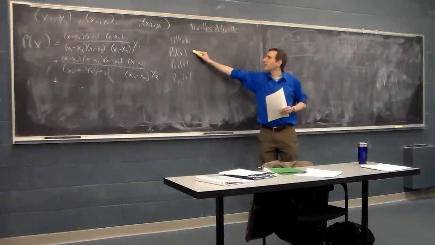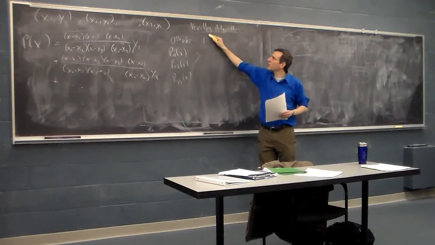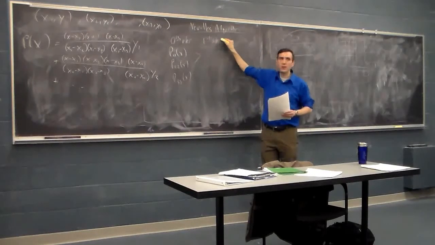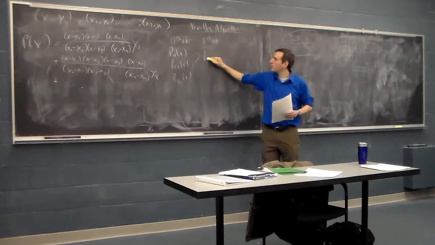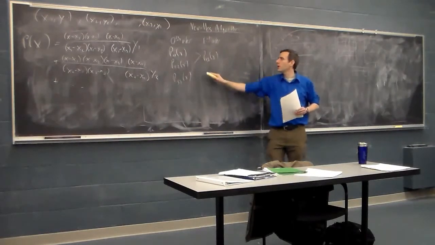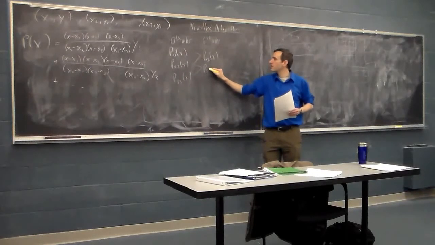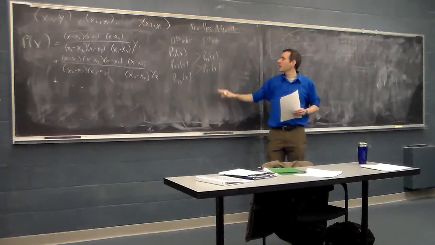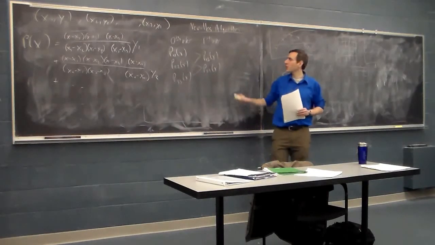Then we're going to take pairs of these to get a first order family of polynomials. So we'll have the polynomial P12 of x, which we'll assert matches points 1 and 2. We'll combine them to get P23 of x, which matches points 2 and 3, and so forth.